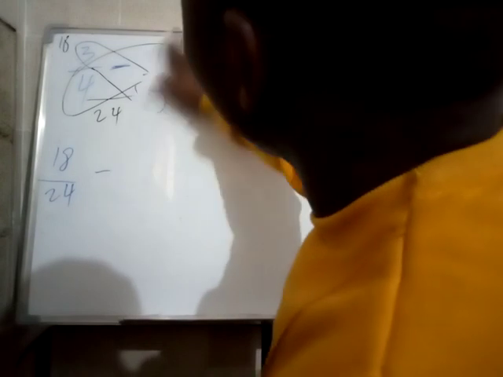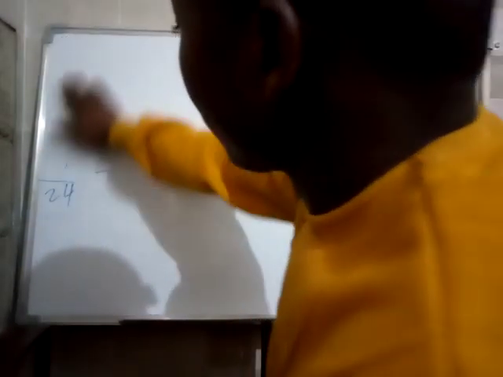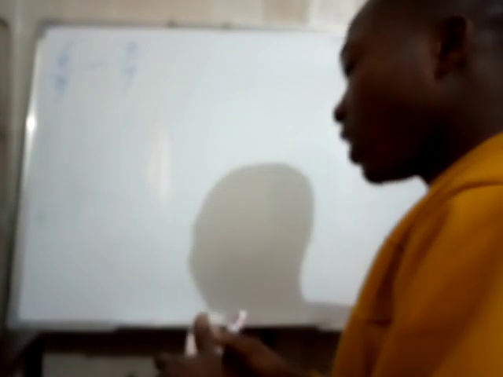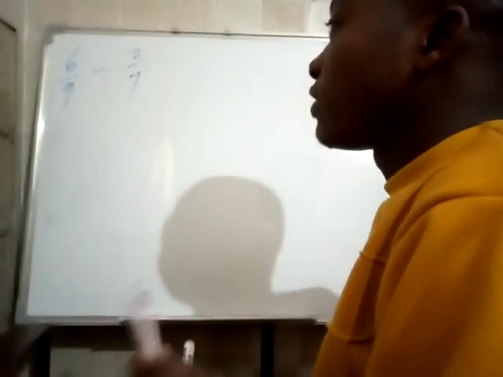Let's quickly have a look at the last example. Let's say we have 6/9 minus 2/7.